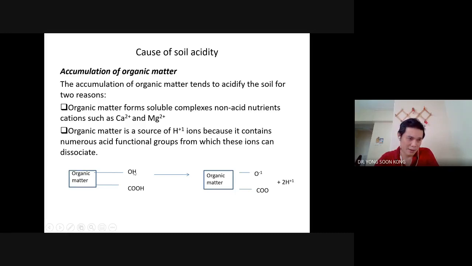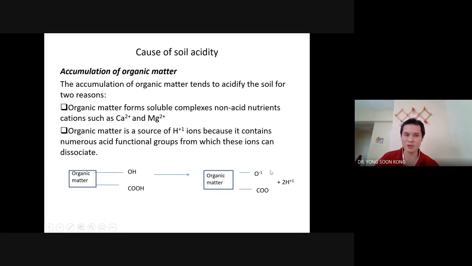Now, earlier I said to you that it's quite impossible to have this reaction from OH to O minus. Well, that is possible if this OH is attached to a benzene ring. If it's attached to a benzene ring, this can happen.